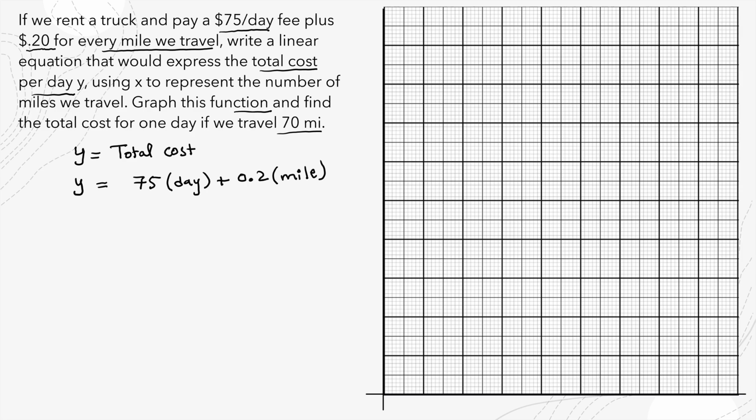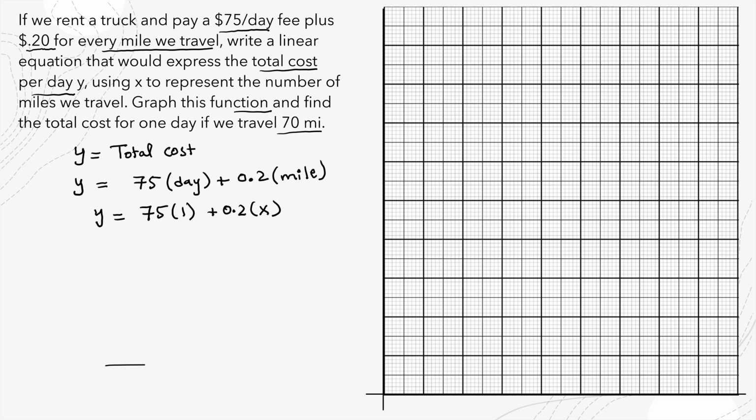Now, the problem states that we use x to represent the miles and to solve for one day. So we can plug in those values here. It will become y is equal to 75 times 1 plus 0.2 times x.